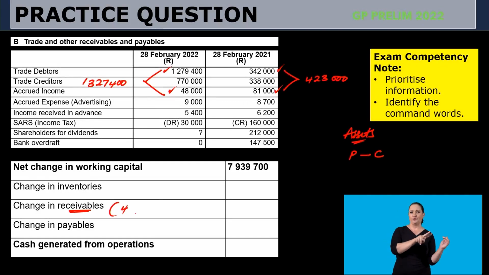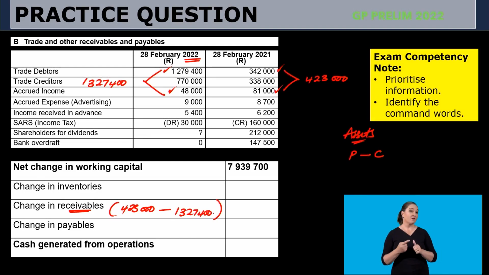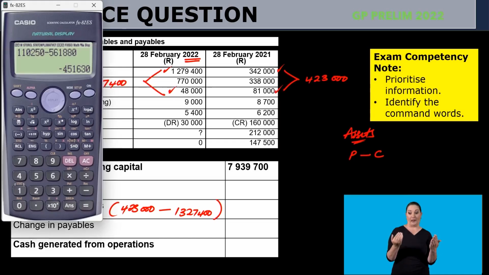It is 423,000. Minus the current year, which is 2022, 1,327,400. Previous minus current. And then let's punch that in the calculator so that we can see if it's a cash inflow or a cash outflow. So I'll now say 423,000.